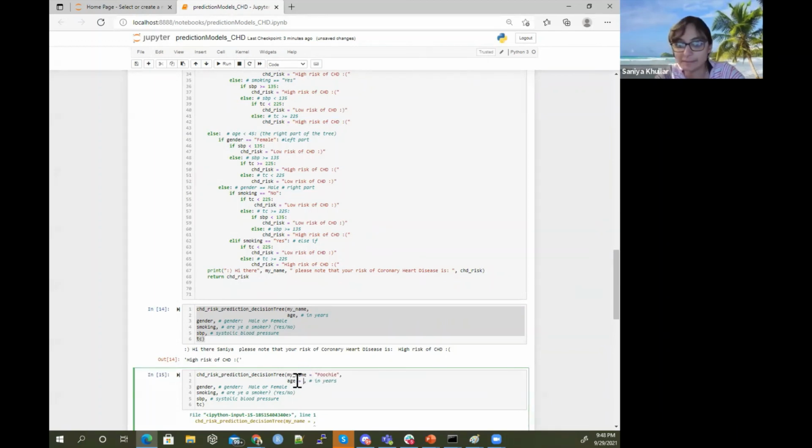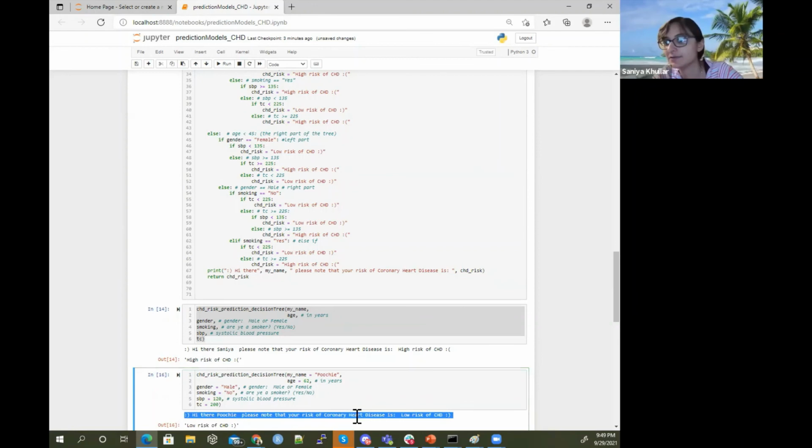Age equals 32, for instance. Male, we can have smoking is equal to no. Systolic blood pressure is 120 and total cholesterol maybe is 200. Hi there, Yuichi. Please note that your risk of coronary heart disease is low risk of CHD. So you can see how you can change it.